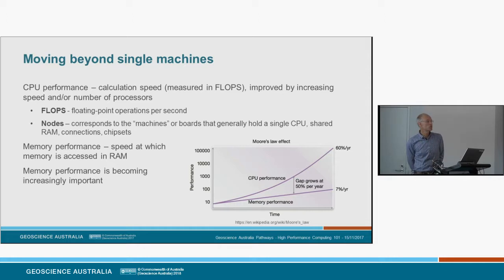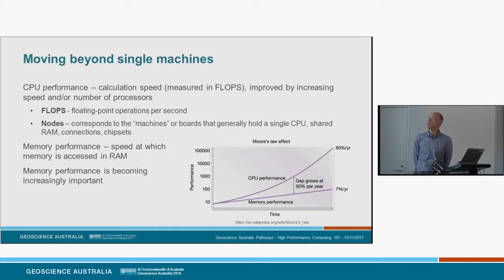Now, so far I've been talking about single units. Single units are pretty much limited in how many calculations, how much work we can do at one time. When we want to start doing lots and lots of things, we have to start moving beyond single machines and single units. So when we talk about performance, this is how quickly, so what the calculation speed is.